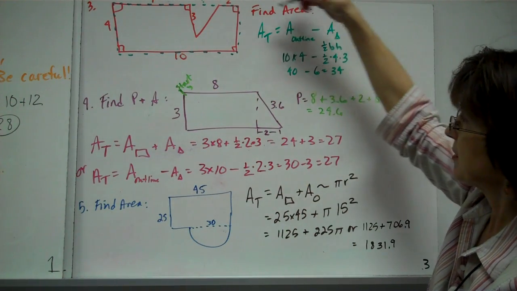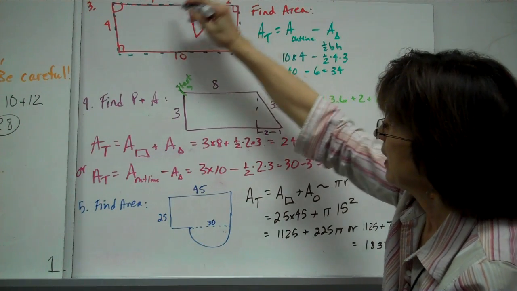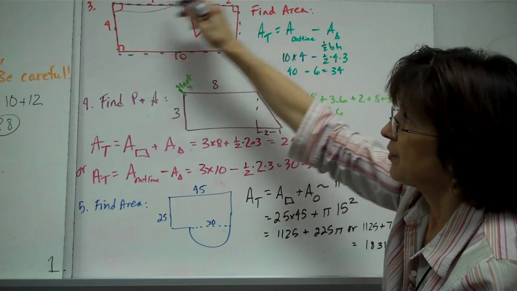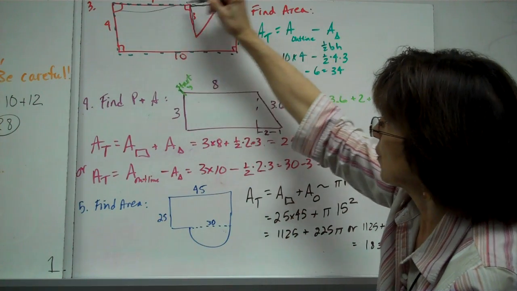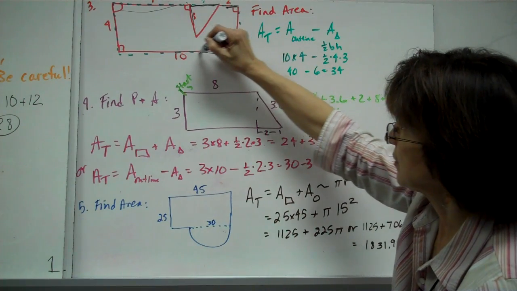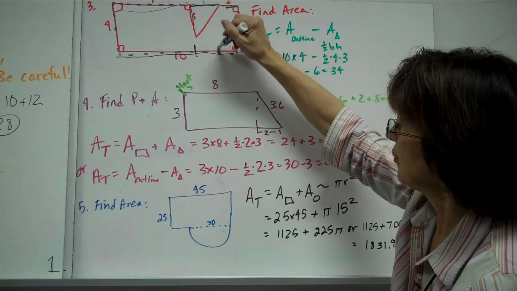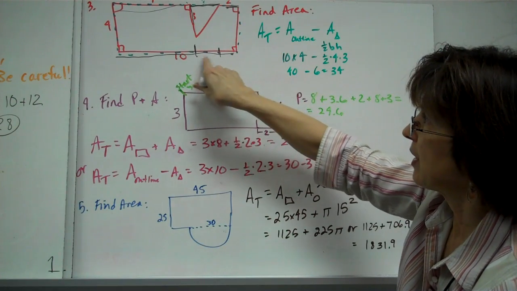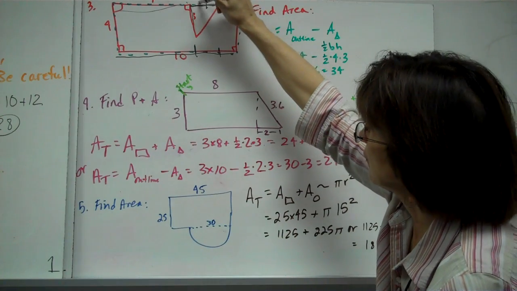Triangle is 1/2 the base times the height. We know the height is 3. We're trying to figure this out. Well, if this is 4, I know this wasn't drawn to scale, so sorry about that. If this is 4 and this is 2 and the other horizontal line is 10, so I already used up 4 of it, already used up 2 of it, so this has to be what? Well, 10 minus 4 is 6 and 6 minus 2 is 4, so this has to be 4.